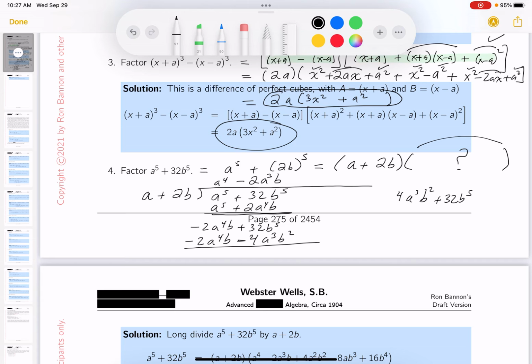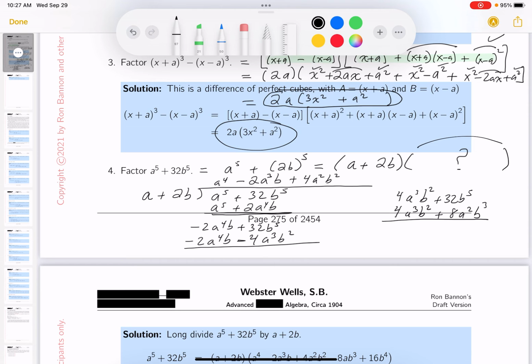I'm going to keep repeating. Now it's going to be plus 4, and you want an a cubed, so I need an a squared, right? You need a b squared, so put b squared down. Let's multiply. What do you get? 4a cubed b squared plus 8a squared b cubed.